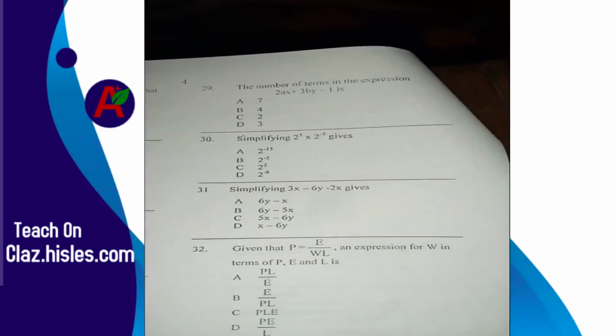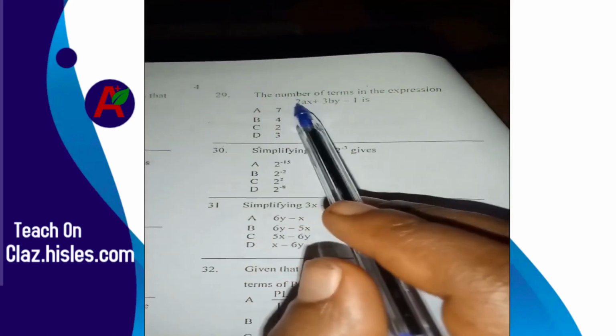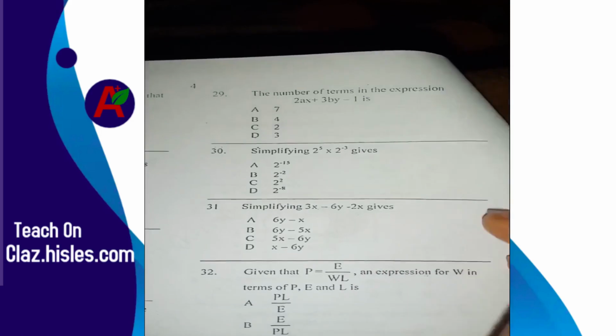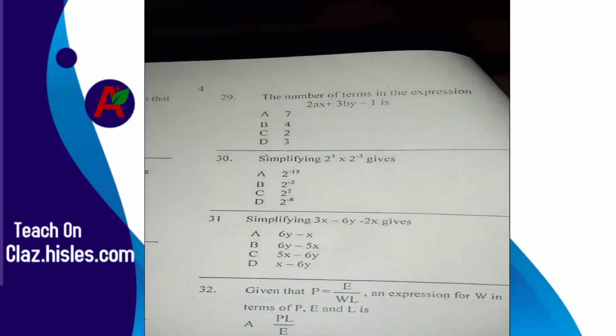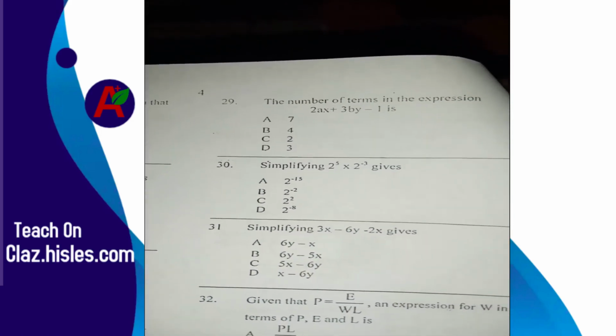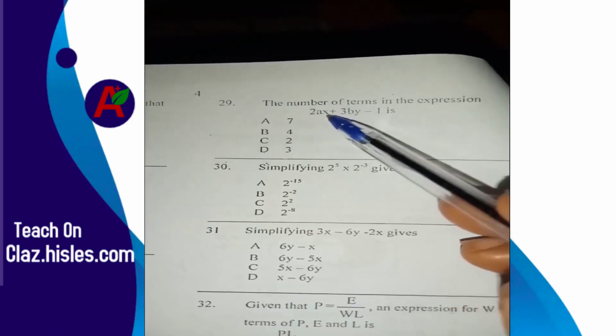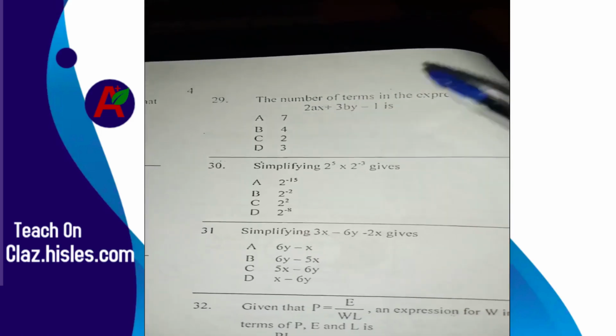Question 29. The number of terms in the expression 2ax plus 3by minus 1 is, well, number of terms, this is a term, this is a term, this is a term, and the terms are not even equal.